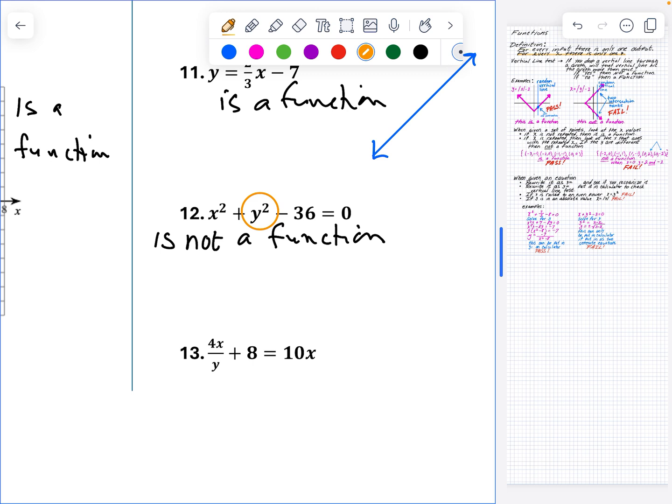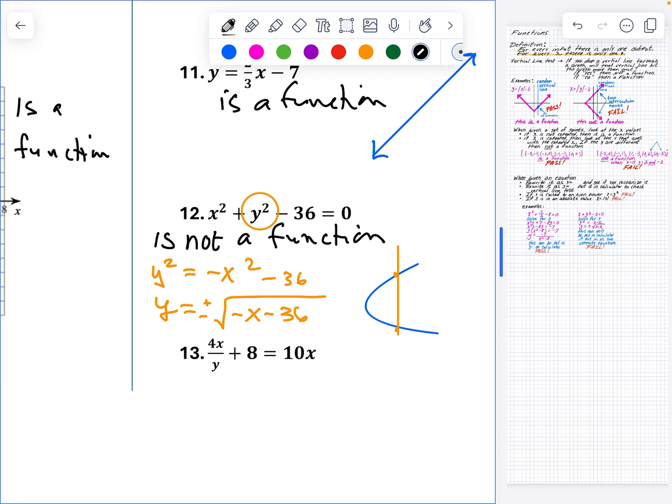So if we solve for y, this would say y squared equals -x squared -36. The way you get y by itself is to do that. If you were to graph this, the graph of this would be a parabola that's been tipped on its side, and it would fail the vertical line test. That's why it is not a function.